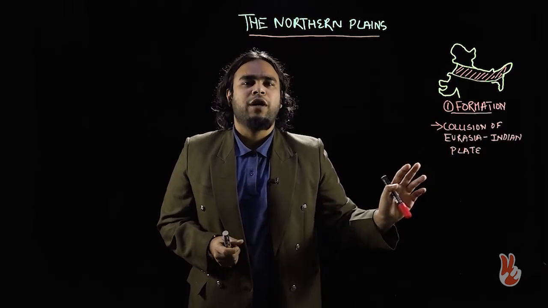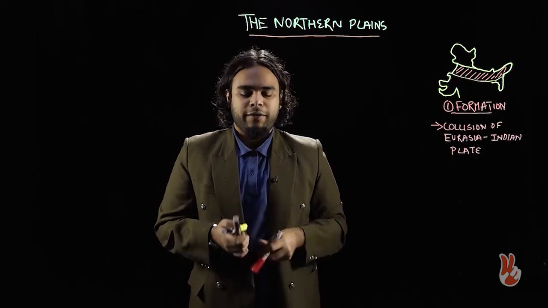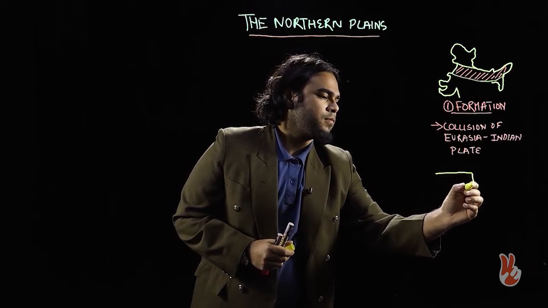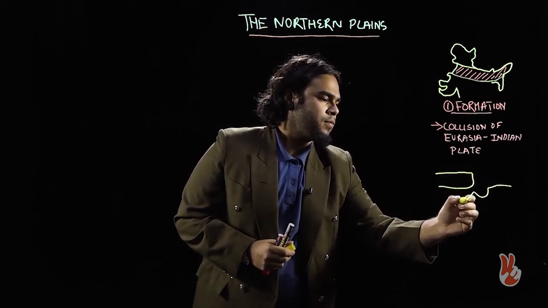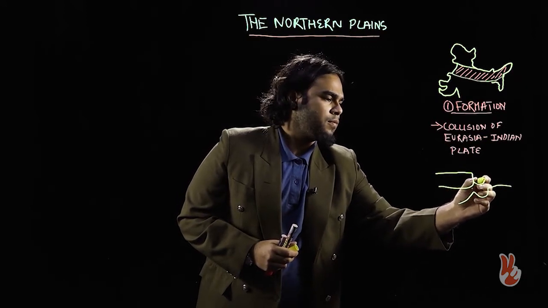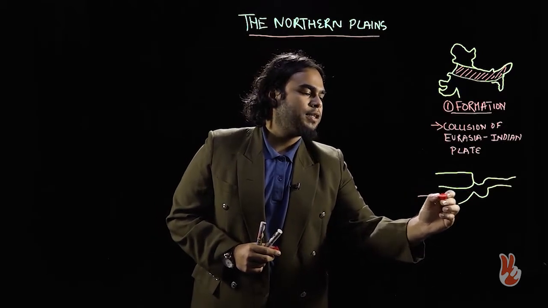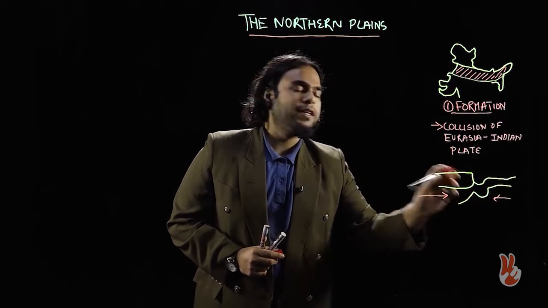I'll show you in a diagram here, which will be your side view of the collision of the Eurasian and the Indian plate. Okay, so this diagram is basically showing you this is the Eurasian plate moving in this direction. This is the Indian plate moving in this direction.